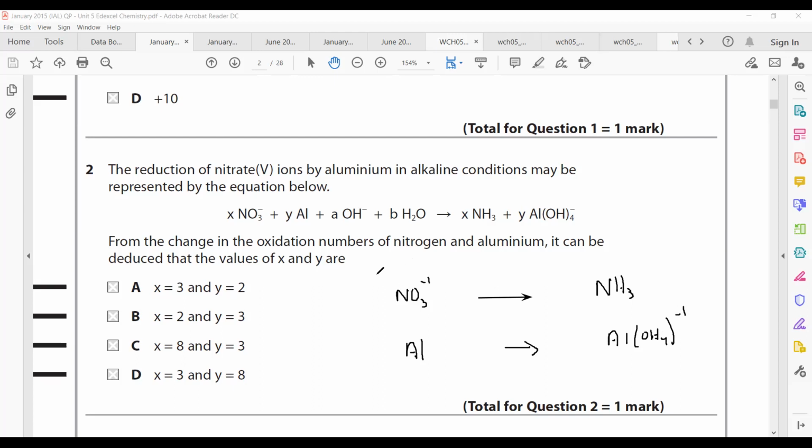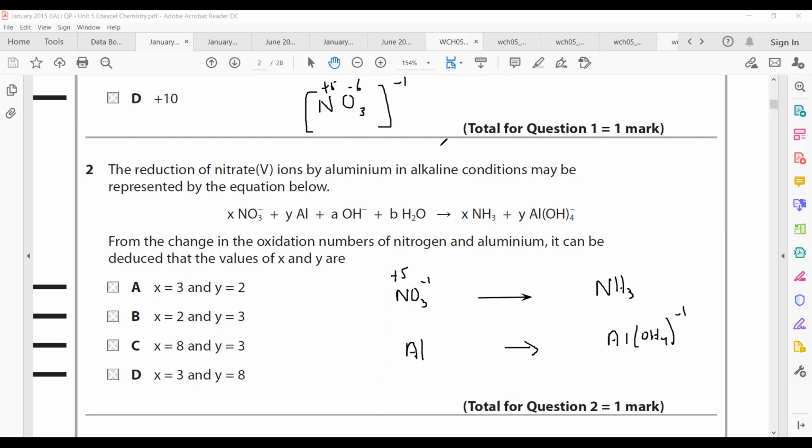Now, what is the oxidation number of nitrogen? If it is NO3 and the whole is charged -1, each oxygen is -2, so three oxygens will be -6. So nitrogen is +5 here.